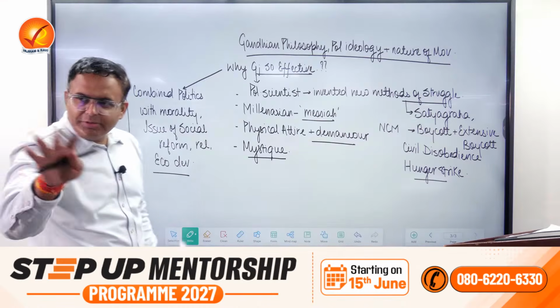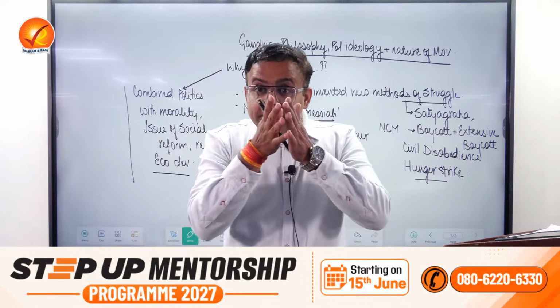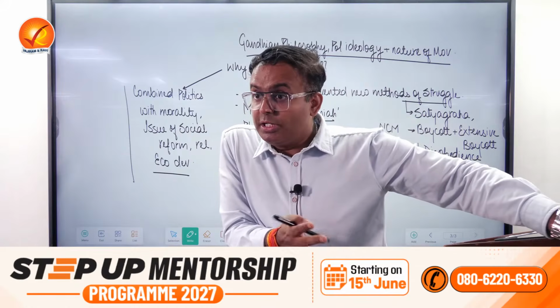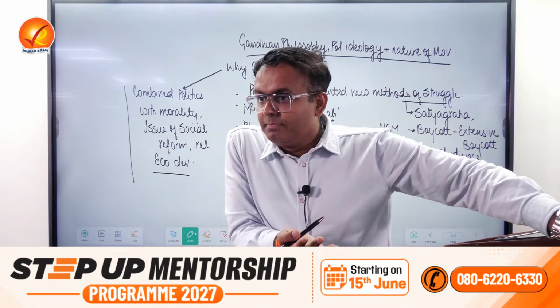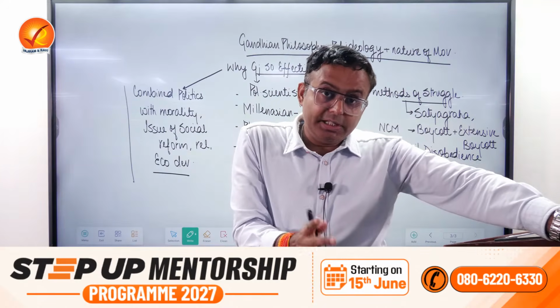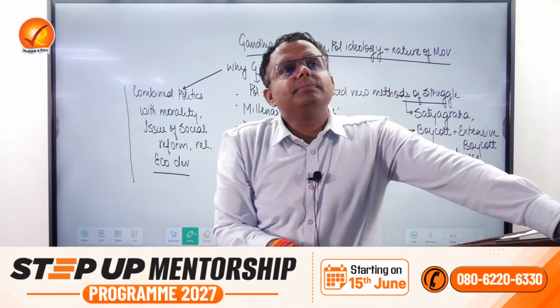Gandhian movement was never only a political movement, it had multiple dimensions. That is what you were saying, that he was addressing multiple issues with one. That is why he was able to integrate many sections.